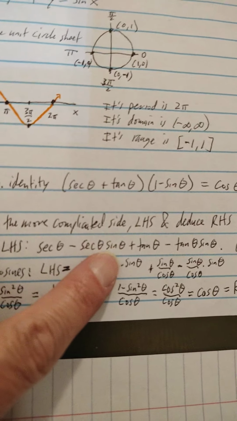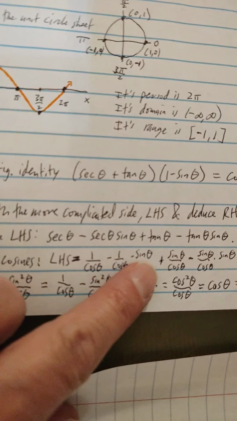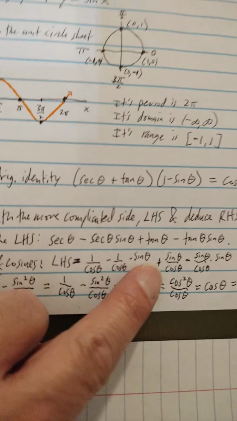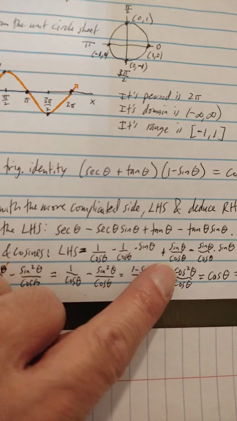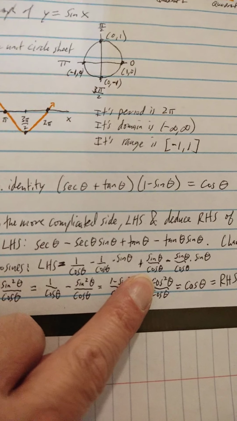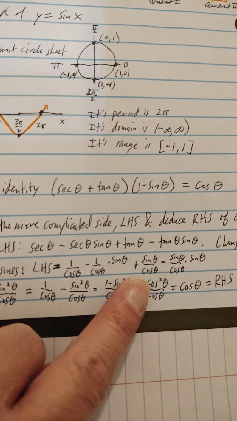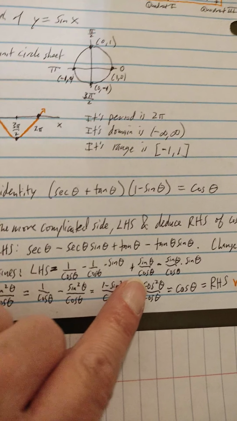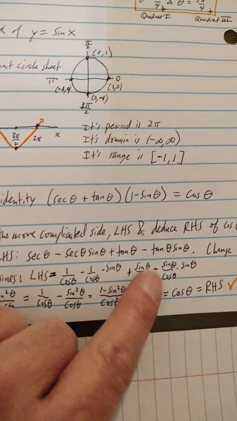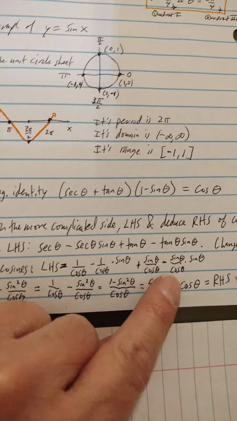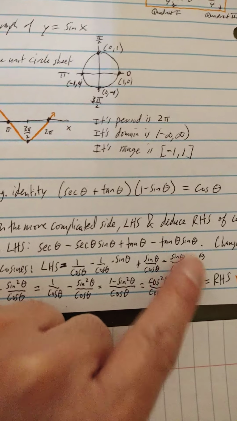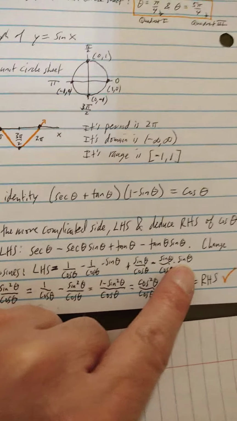And then this sine theta is good because it's in terms of sine or cosine, so I just rewrote it. Plus, another name for tangent is sine over cosine. That's another identity. So have those identities handy. Change everything to sines and cosines. Minus, and then here again, tan theta I wrote as sine theta over cosine theta. And then sine theta over here I just rewrote.